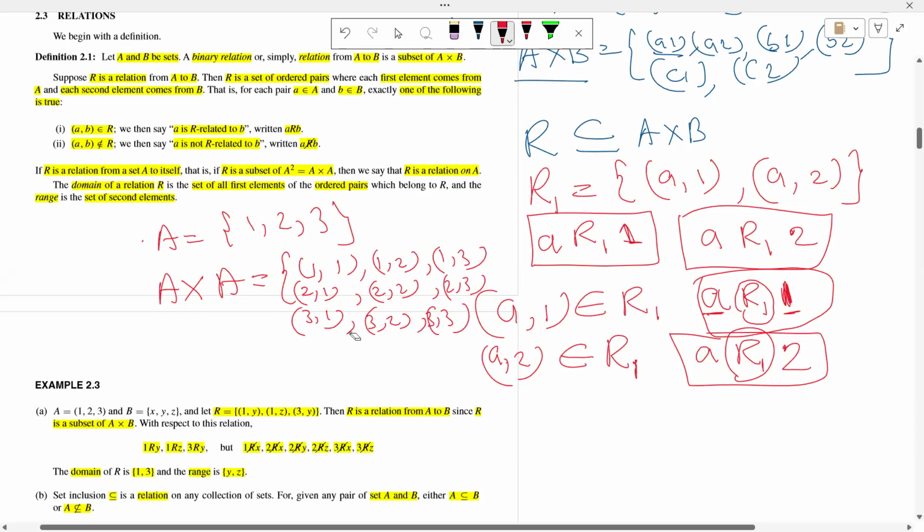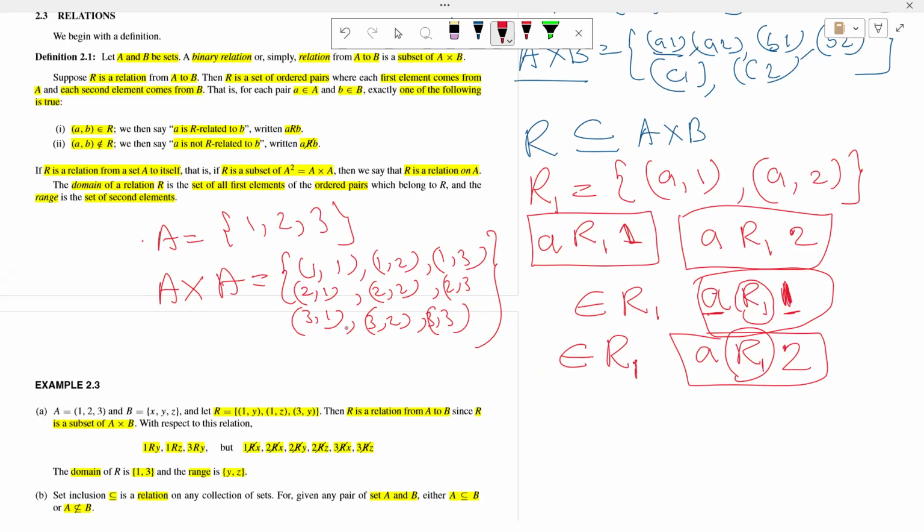So altogether 9 ordered pairs for A cross A. Now we can write a relation by using some of the ordered pairs from A cross A. This we can call a relation on the set itself.